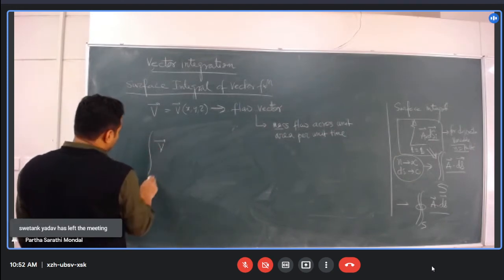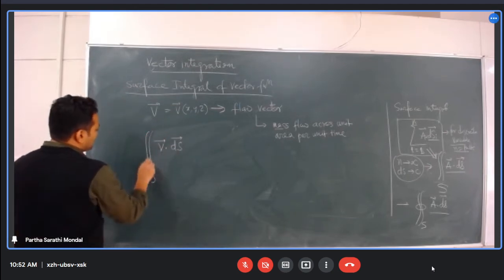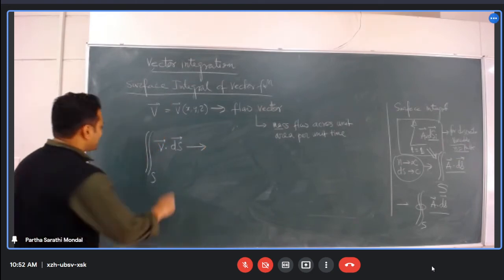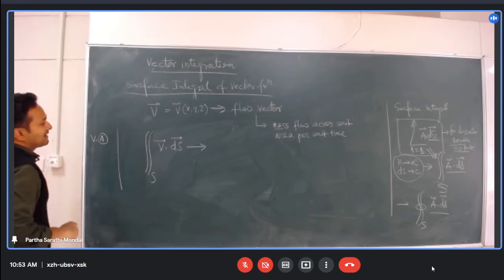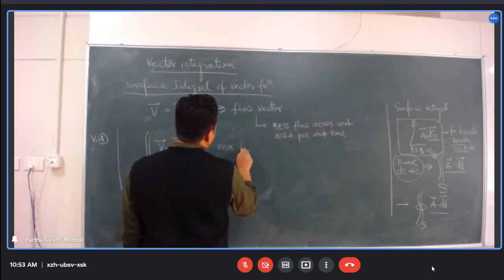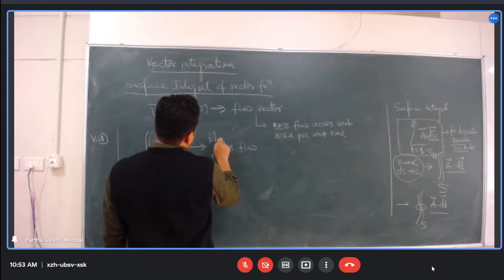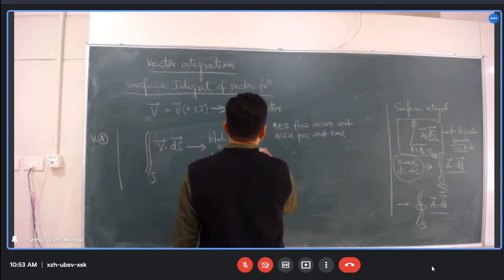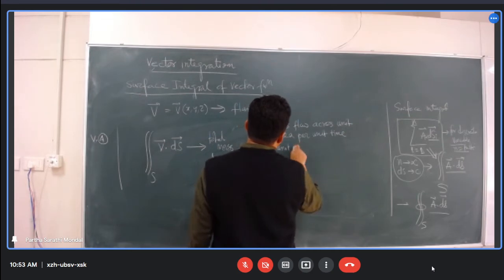So now if I calculate a surface integral of v over a surface S, what physical quantity will it give? Remember, v into A means you are multiplying the per-unit area by A. So that means it will give you the total mass flow per unit time.